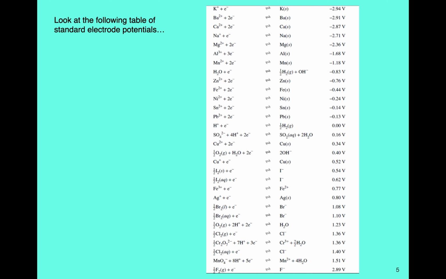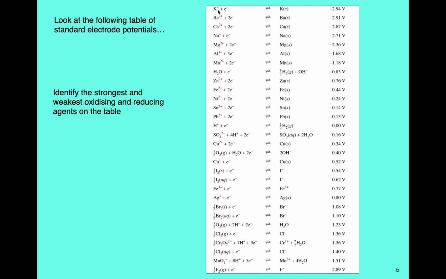This is the table of standard electrode potentials. Okay, and it's a comparison of how good things are at accepting electrons, essentially.